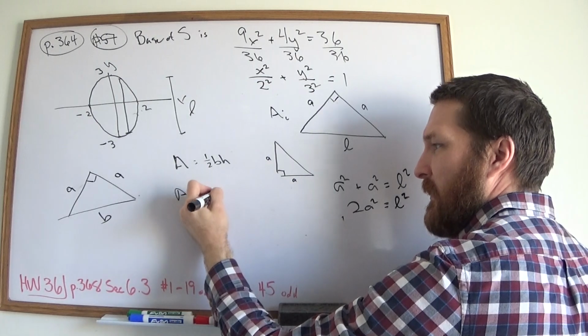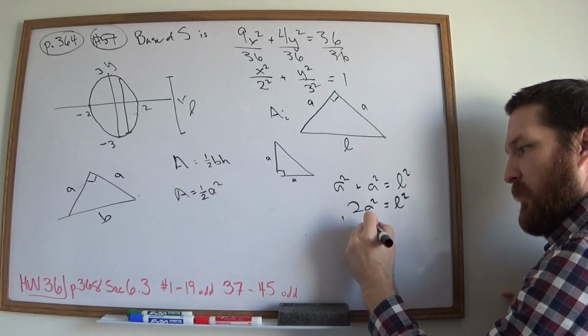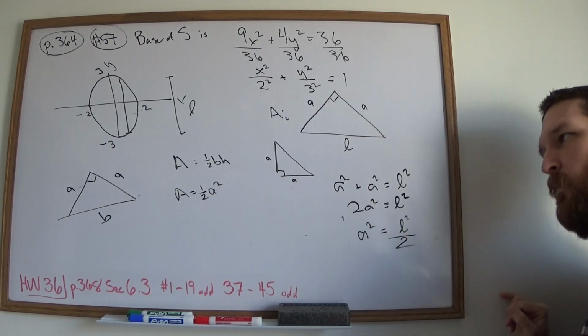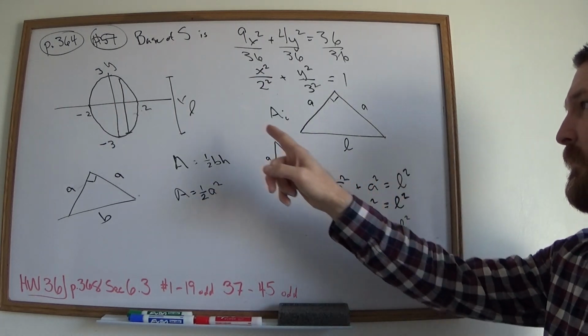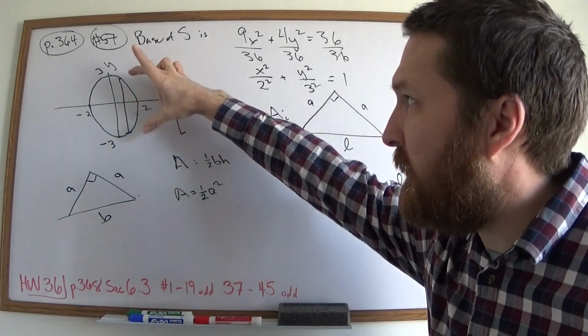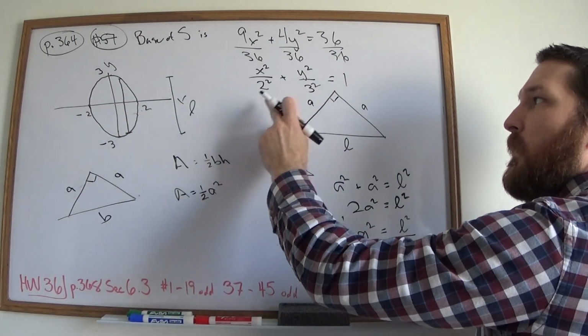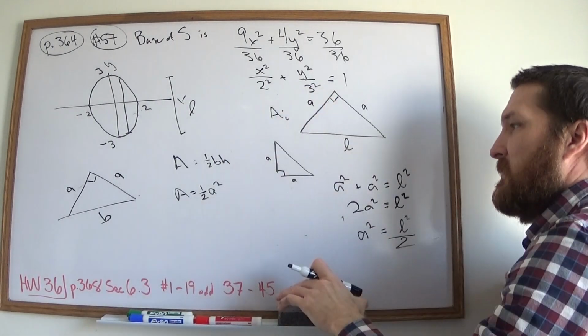And so I know A squared is L squared over 2. Now I just need to find L squared. L is this right here. So we just need 2 times whatever this is going to give us.